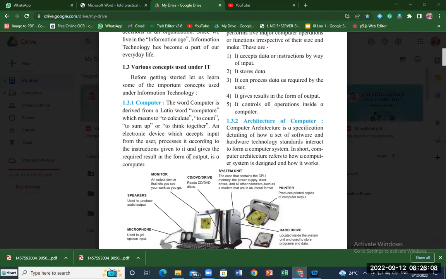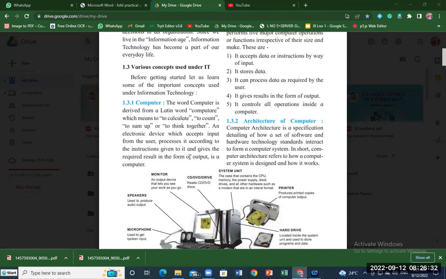Now, if I say define a computer, many students will say it is used for calculating, for programming, for painting, for writing documents, correct? But what exactly is the process happening in a computer? So we have the input unit, central processing unit, and output unit, correct?